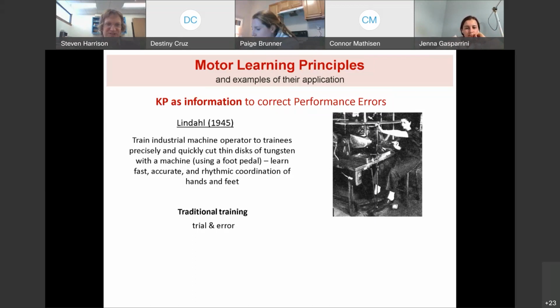Okay, so in this research, they compared traditional training, which is the standard way that people coming into the factory would be trained, which is you get put in front of the machine. You might be given some basic instruction upon how the machine worked, but you are effectively going to learn by trial and error.